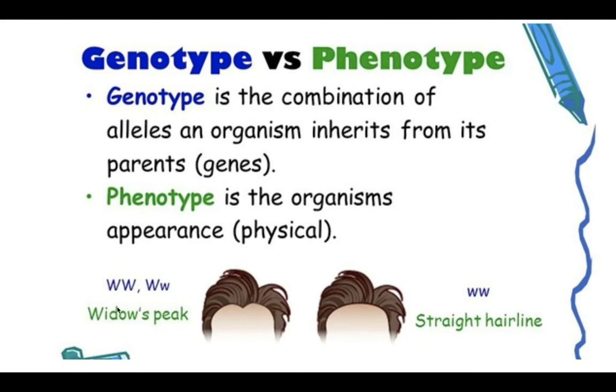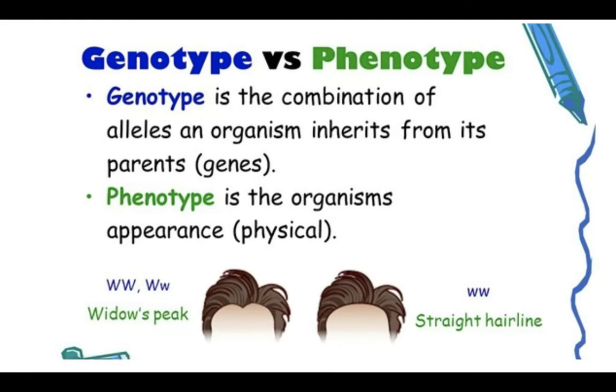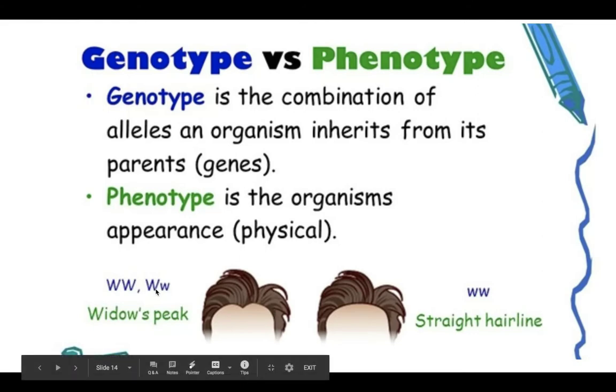This would be the genotype for somebody who inherits two dominant alleles for widow's peak. This right here would be the genotype for somebody who inherits one dominant allele for widow's peak and then one recessive allele for a straight hairline. But obviously, they're going to have the widow's peak because the widow's peak is dominant, while the straight hairline is recessive, so it will be masked by that dominant allele.